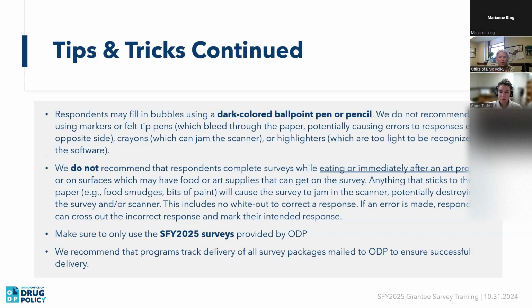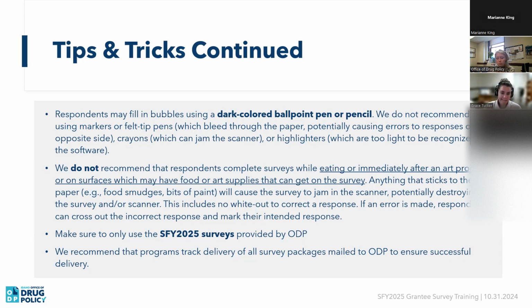In the surveys, respondents will fill in bubbles. And so make sure that respondents use dark colored ballpoint pens or pencils. We do not recommend using markers or felt tip pens because these can bleed through the paper and cause errors in responses for the scanning software. So we recommend dark colored ballpoint pen or pencil.